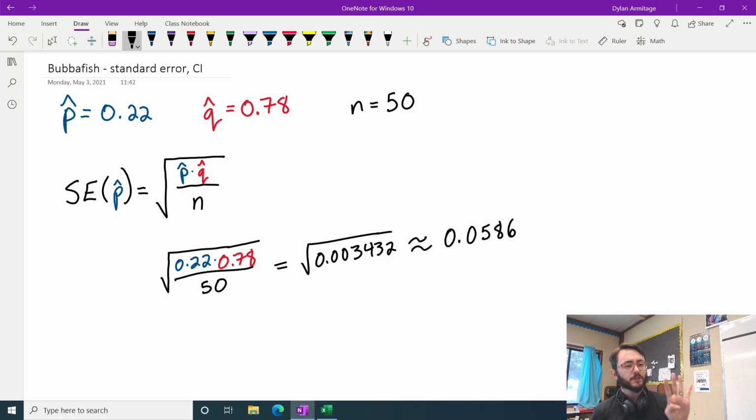Okay, I'm going to go out to 4 decimal places, even though I don't really need to, but twice as many as our proportion, so it works out. All right, so we have that there, and that's our standard error, and kind of the standard deviation of our sampling distribution.